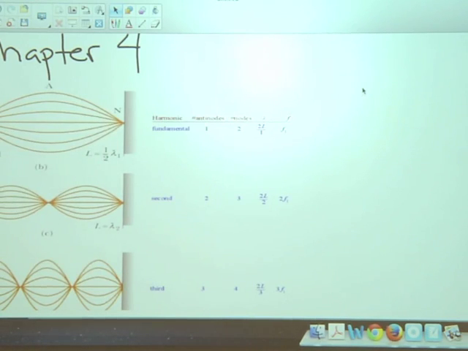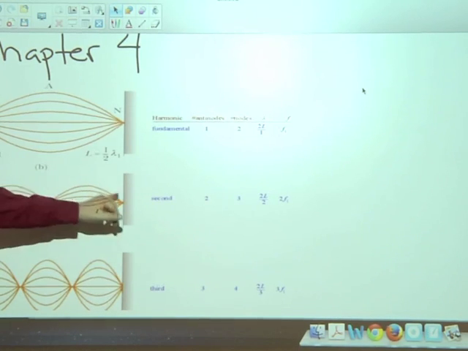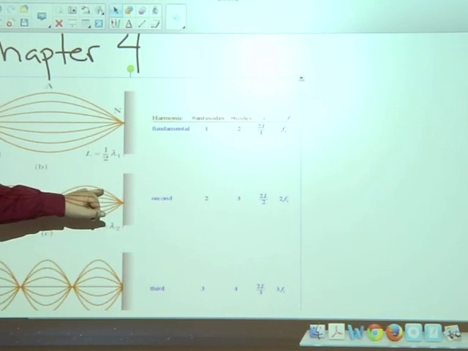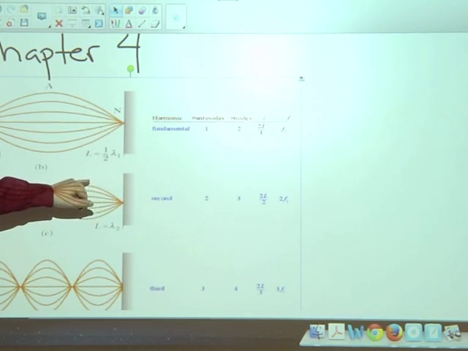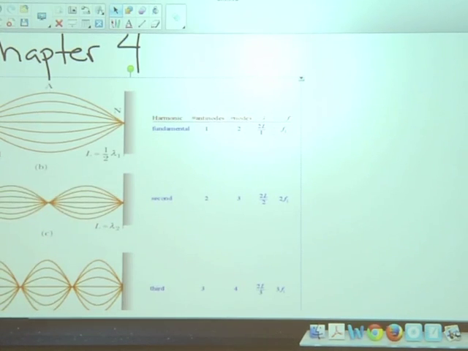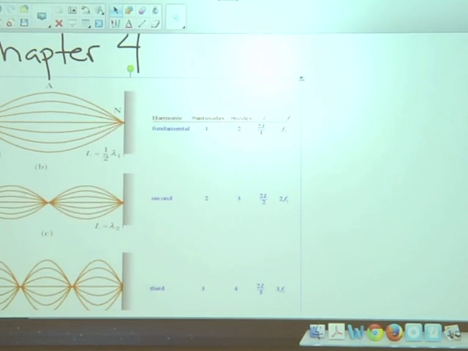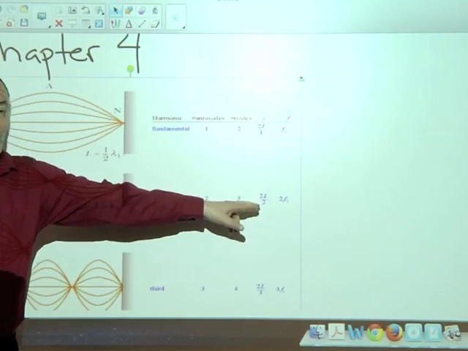And f is given by f1. In the second harmonic, we have 3 nodes and 2 antinodes. And now the length of my wavelength is going to be given by 2L over 2.